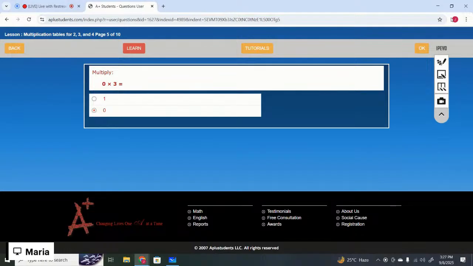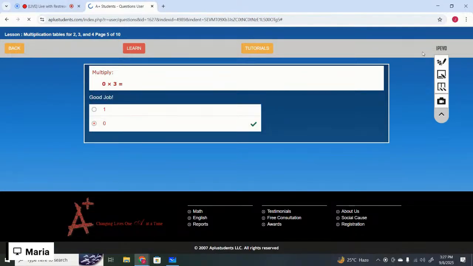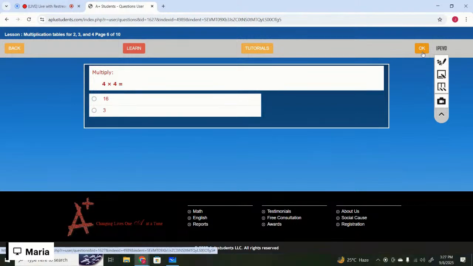It would be 0. 4 times 4 is 16. Option number 1 is the correct option.